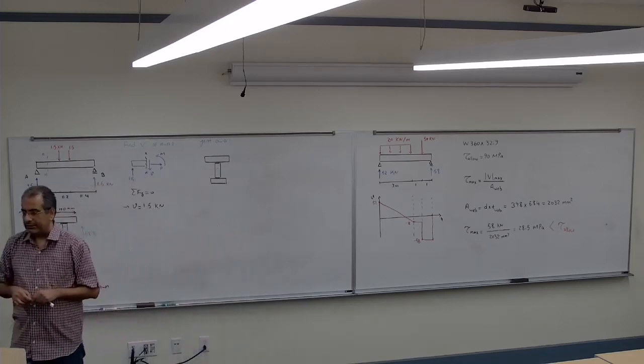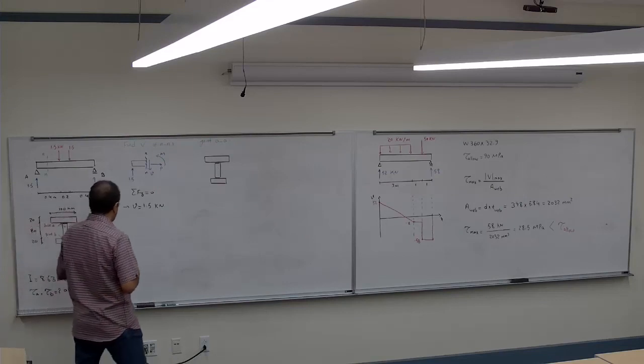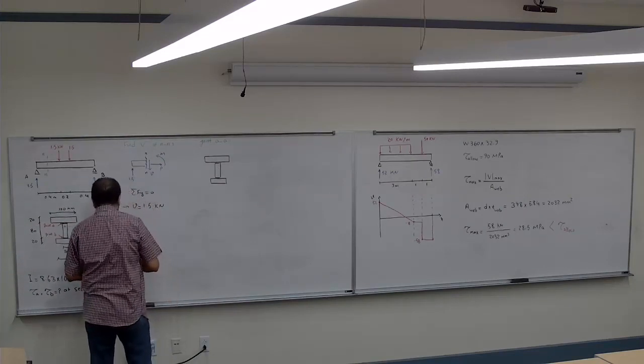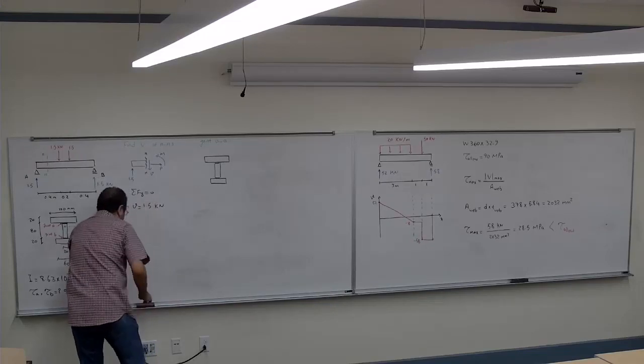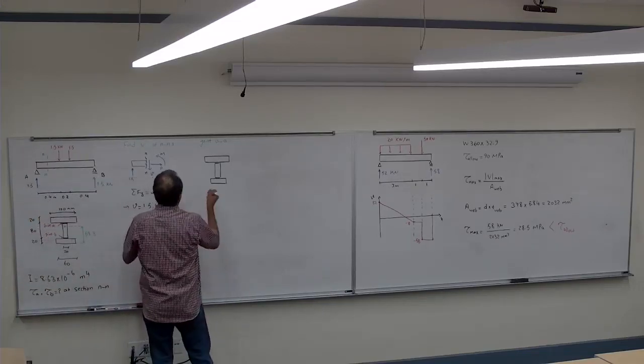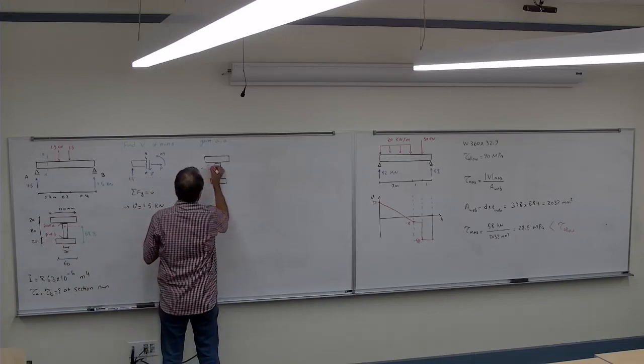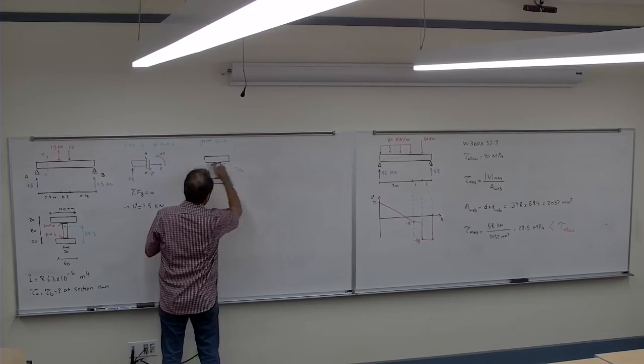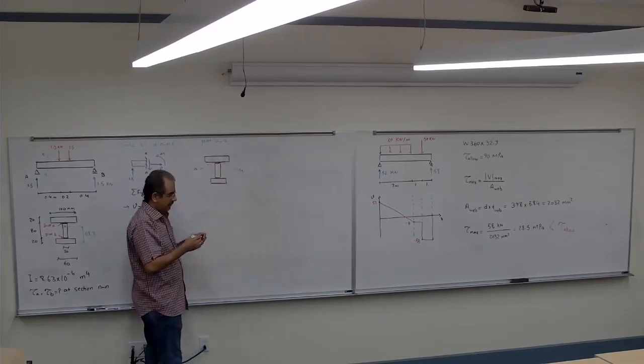If this is the cross section that I have, I want to find the joint A. So the joint A is here, correct? That's the A. I'm going to cut it from there to see what happened there.